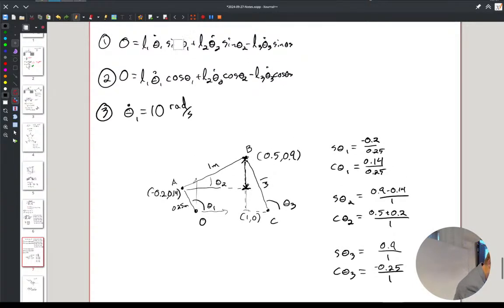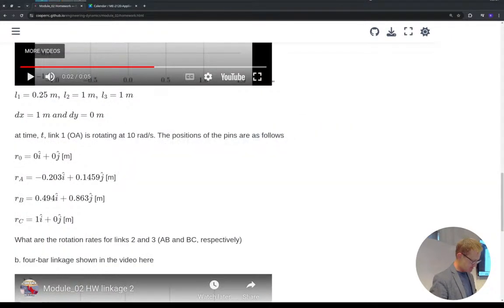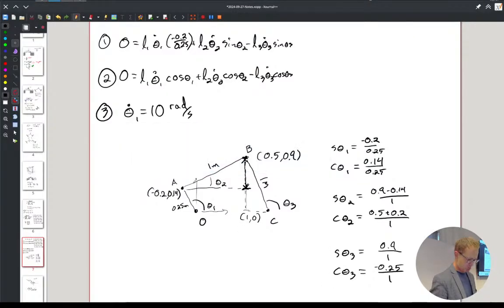Now everywhere I see a sine theta 1, I can plug in negative 0.2 over point... Is it 0.5? L1? I think L1, yeah, L1 is given as like 0.25. Or which one? So that just says horizontal BC. Oh, down here?